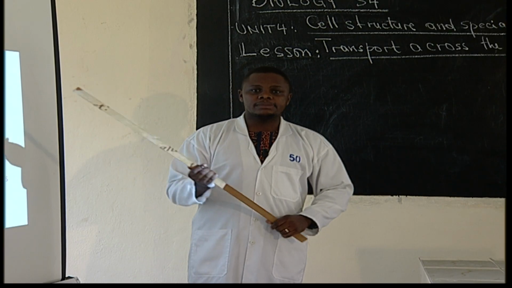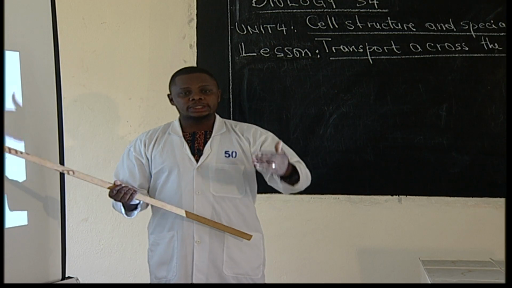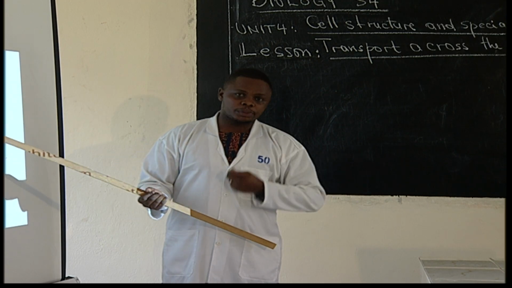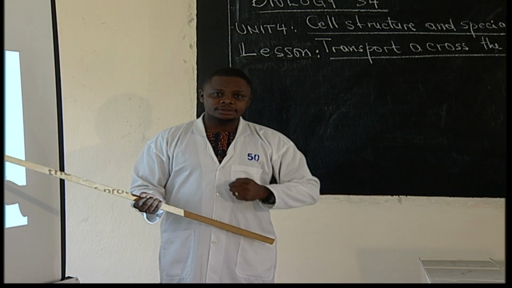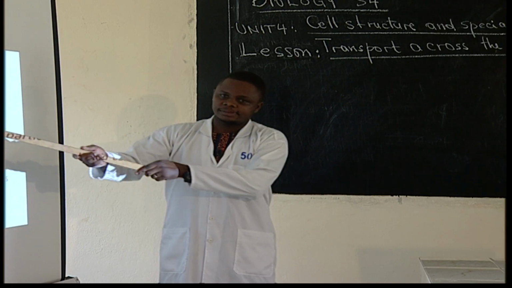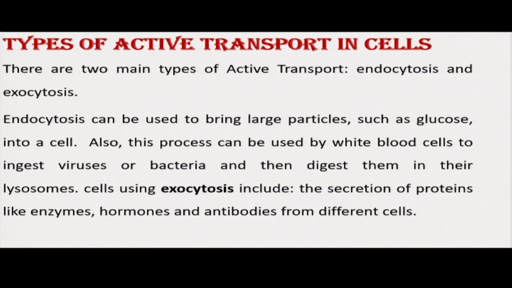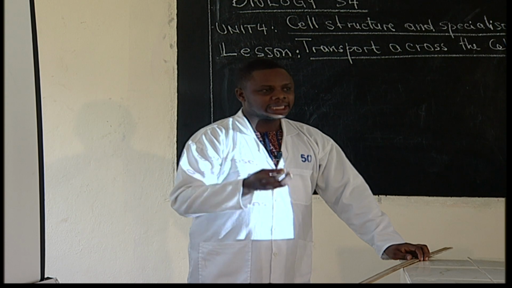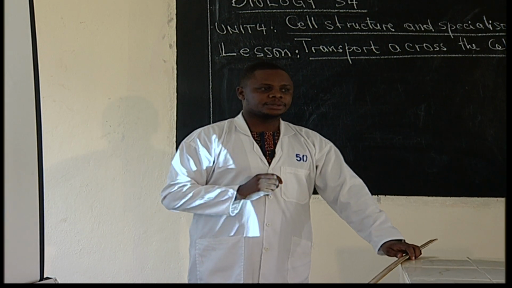So the process by which those proteins, hormones, and waste products get out of the cell is what we call exocytosis. Which means endocytosis, materials or food substances go into the cell, while exocytosis, materials, substances, or waste products get out of the cell.